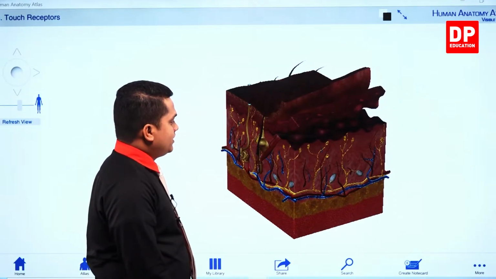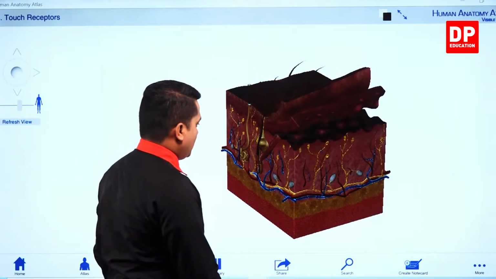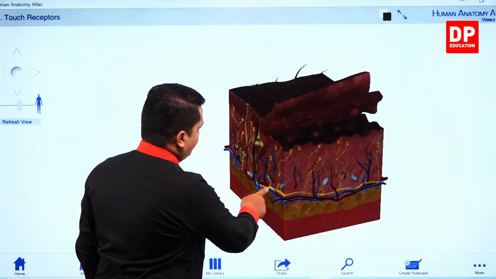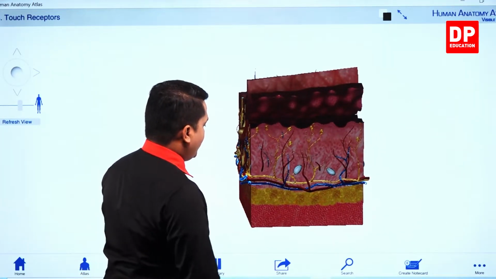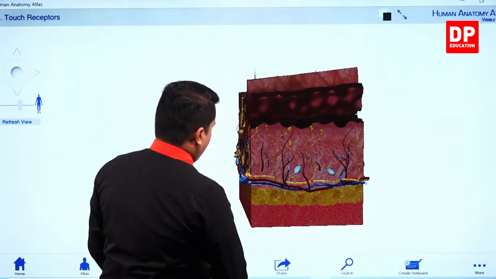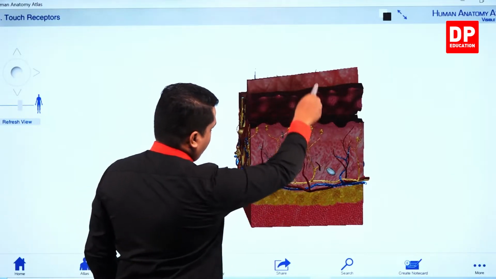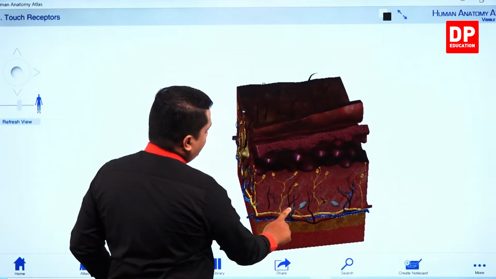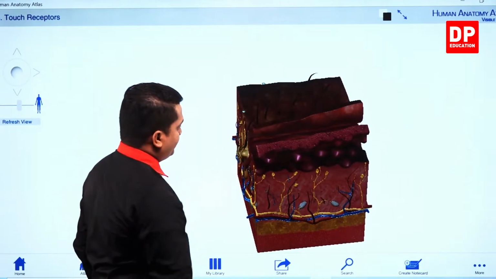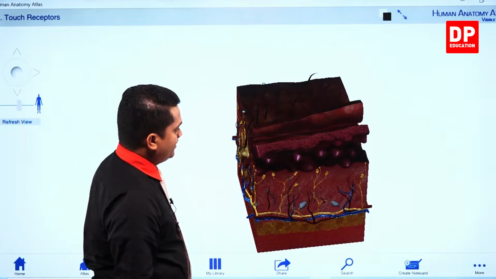Now if you check this very clearly, here you can observe in this area, right, the epidermis. See, this is the epidermis of the skin, right?